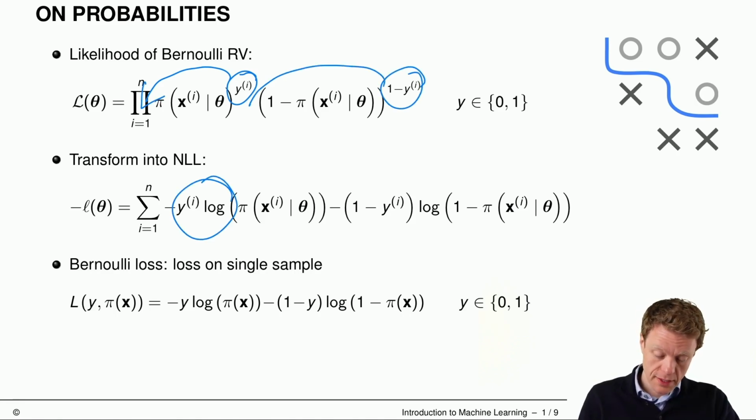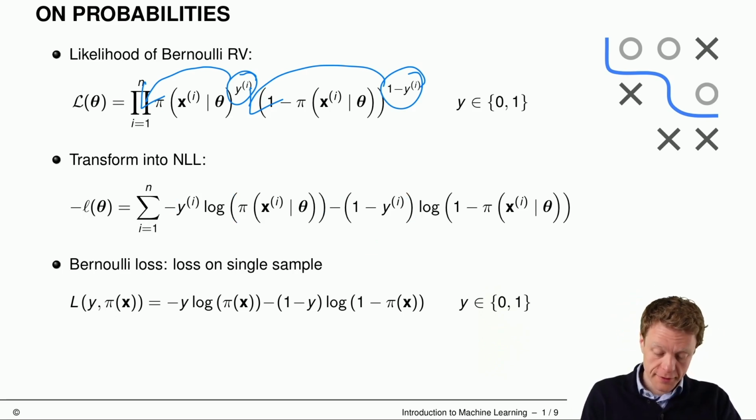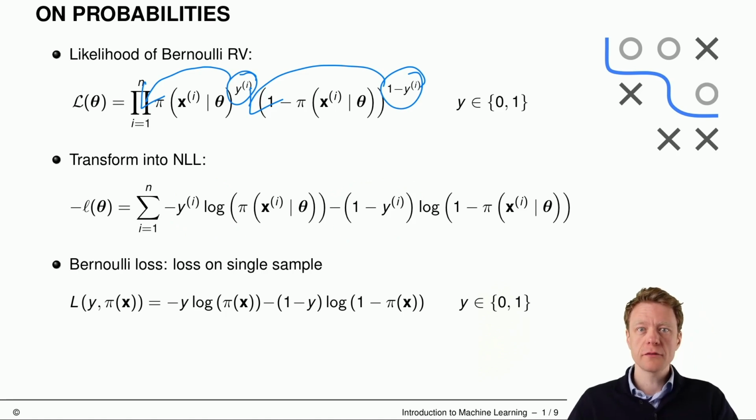Same thing happens here, so 1 minus y times log of 1 minus pi. And then we just need a minus, and then we have the sum of minus y log pi minus 1 minus y log 1 minus pi. And this is then the negative log likelihood for the entire random vector of n observations.